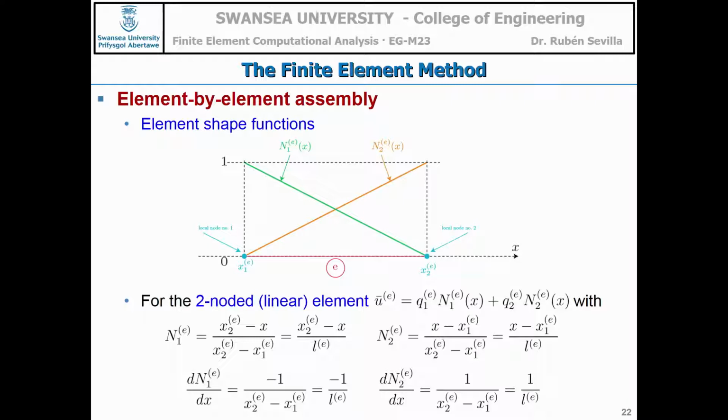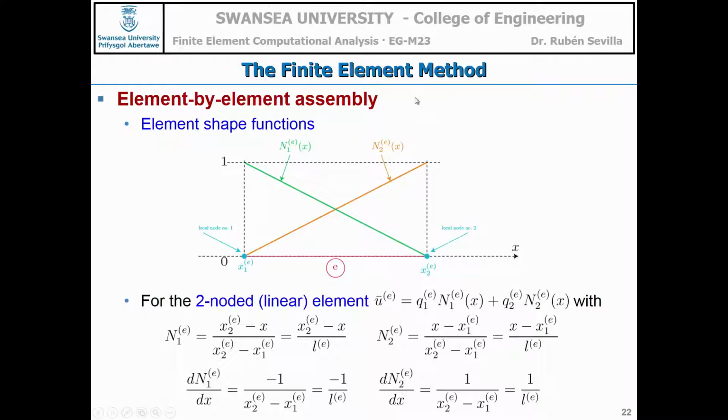In one element, you have two shape functions that are not 0. The one associated to the node on the left, the one in green, and the one associated to the node on the right, the one in orange. These are the two shape functions. First thing we're going to do, we're going to find the formula, the expression of these shape functions.